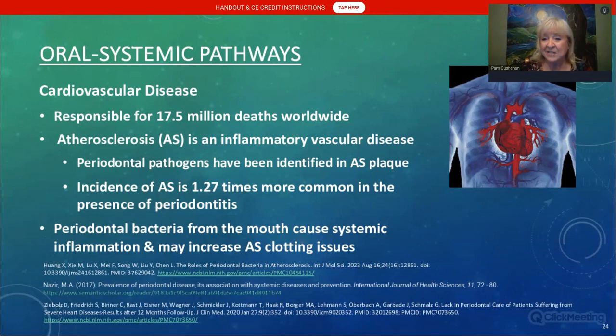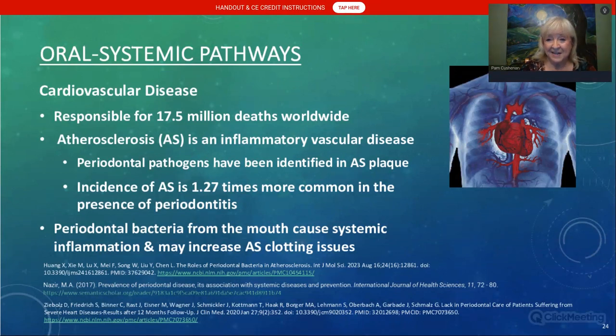Starting with cardiovascular disease, one of the leading things that kill adults in our country. So 17.5 million deaths worldwide. Atherosclerosis is typically what we see as the primary cause for this, which is an inflammatory vascular disease.